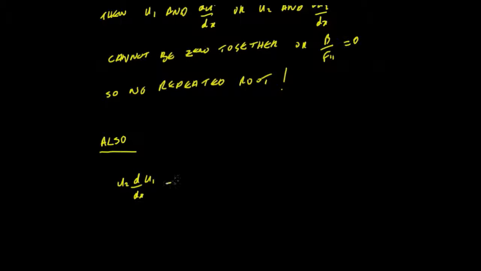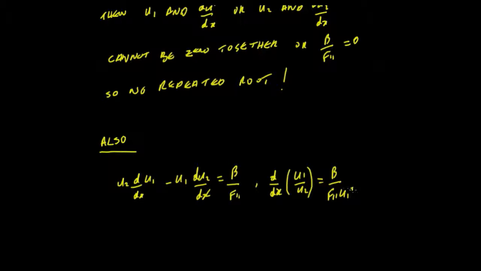Okay. So just to finish off with, we're going to show that if we were to take the above equation, we can rewrite it using the quotient rule, and we're going to have this formula here where we have d by dx of u1 upon u2 equals b upon f11 u2 squared.